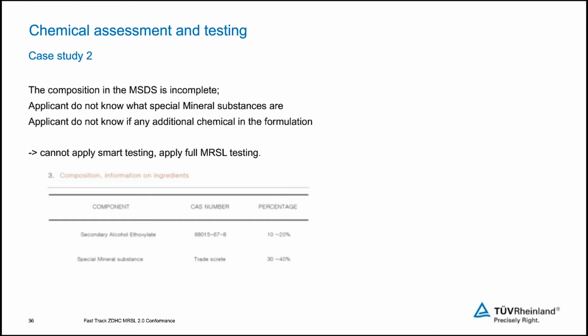You can see there are 2 compounds in the formulation: one is secondary alcohol ethoxylate, and the other one is a special mineral substance. However, the applicant does not know what the special mineral substance is. Also, the sum of these 2 compounds is only 60%, and when we checked with the applicant, they did not know what the rest of the 40% of the formulation is. Because we don't have enough information, in this case we cannot apply the SMART testing, and we must apply the full MRSL testing.